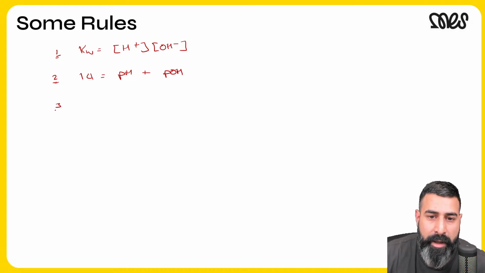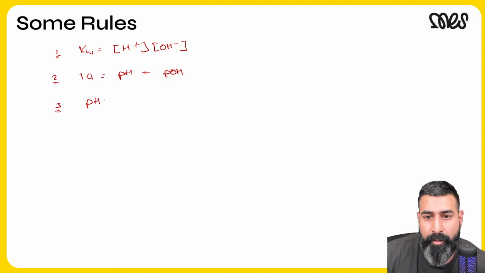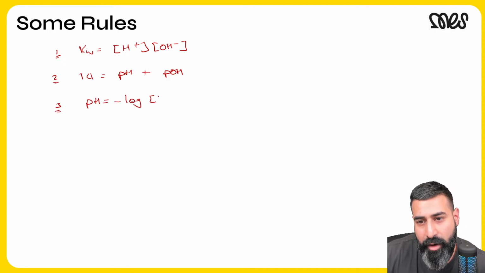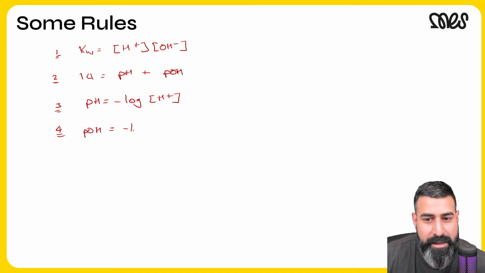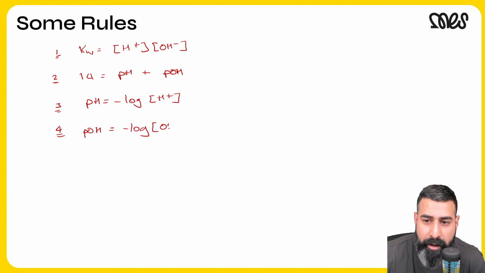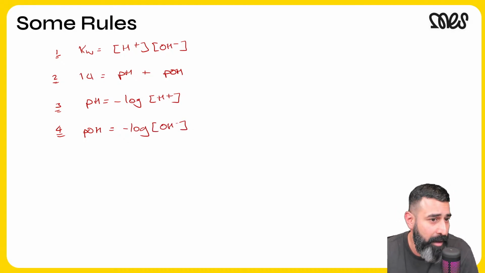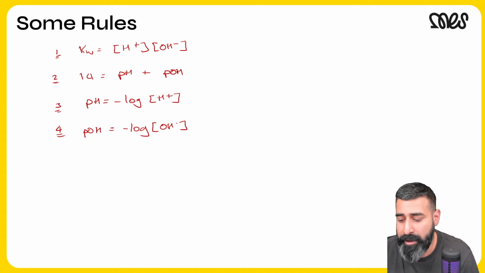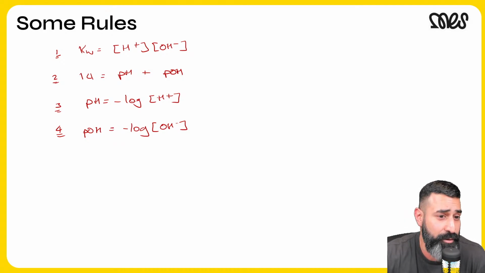Also, don't forget this because it was right at the beginning, but pH is equal to the negative log of the hydrogen ion concentration, and obvs, POH is equal to the negative log of the hydroxide ion concentration. Right. Everyone happy? If you're happy with these rules, let's move on.